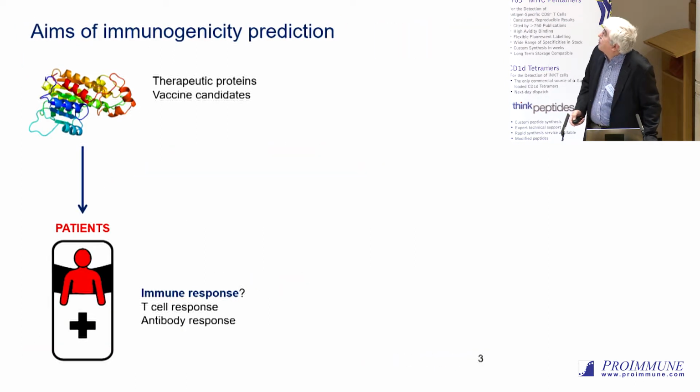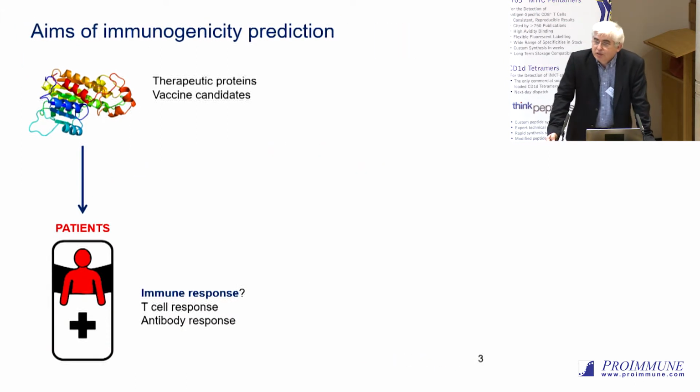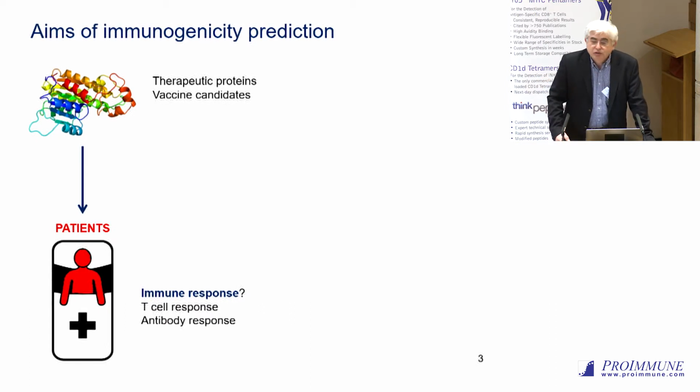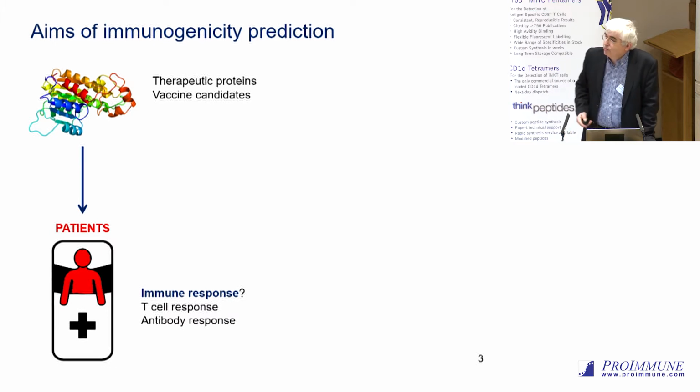So, the issue that interests me is that we are developing many therapeutic proteins and many vaccine candidates, and we wish to know whether they can induce immune response, T cells and antibody response, in the patients before any injection in the patients.